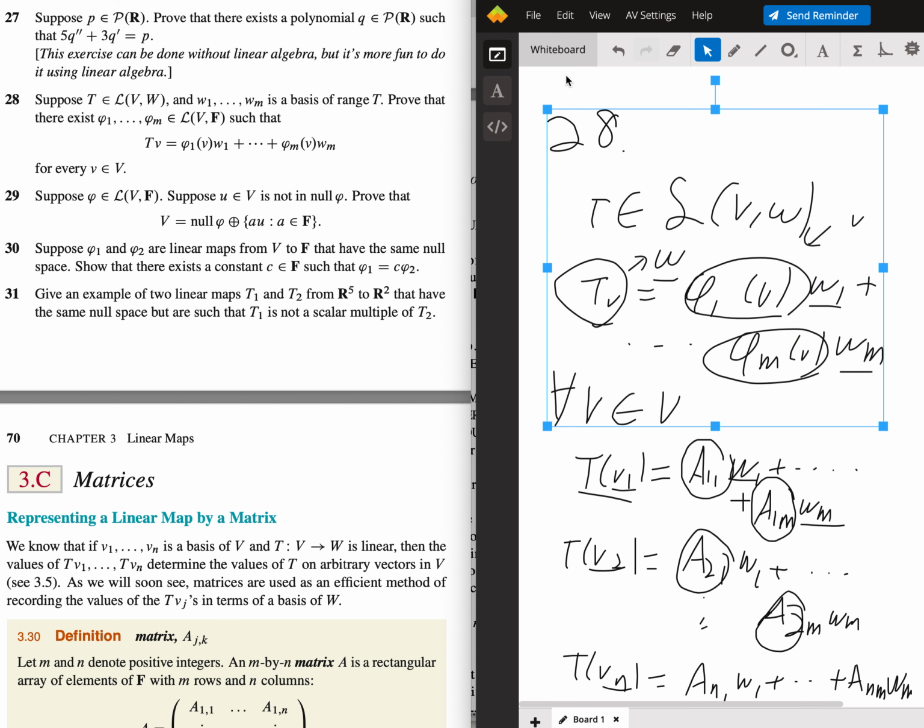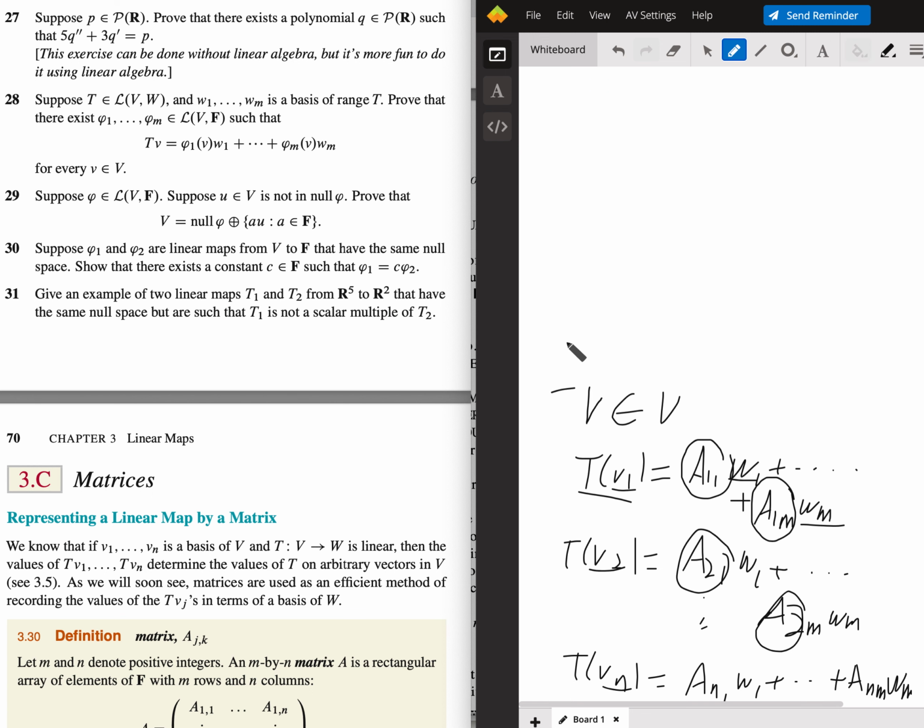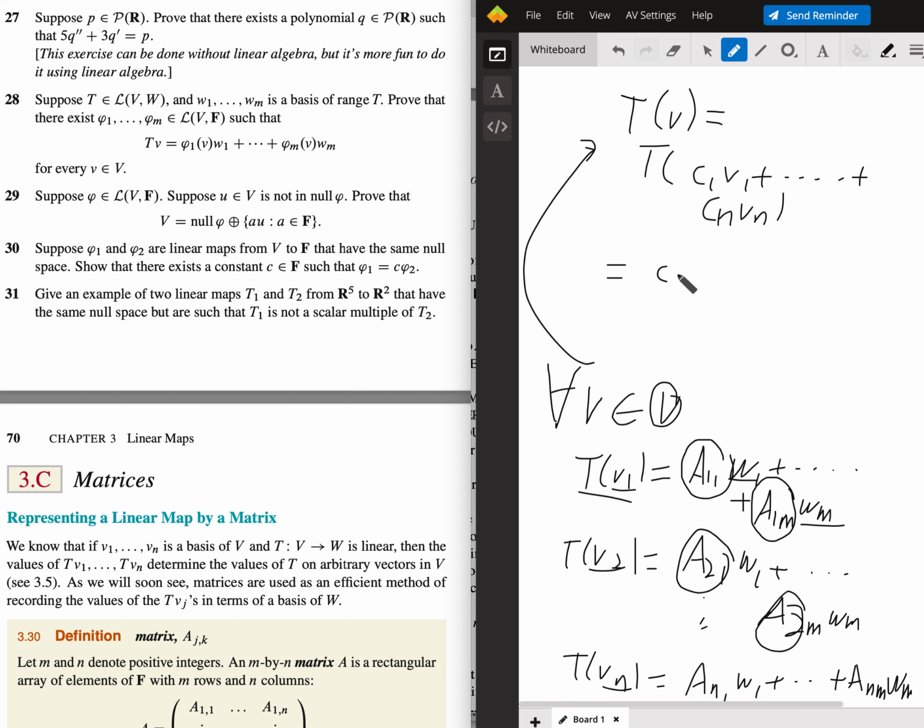Then things start to make sense, because for arbitrary v in this vector space V, it can be written as a linear combination of the basis, right? And by linearity, you can just break it up like this.